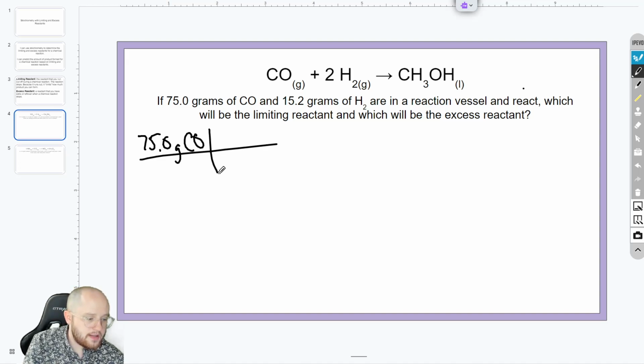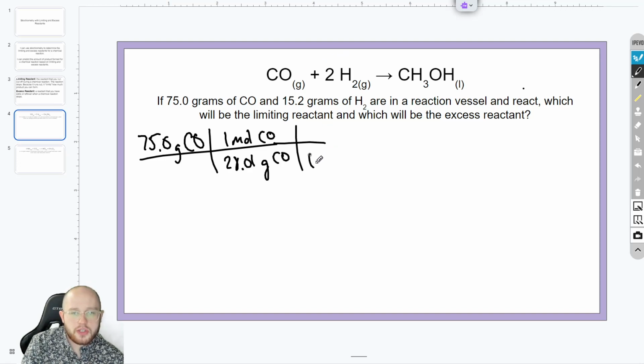Its molar mass is 28.01 grams for every 1 mole of carbon monoxide. Based on the mole ratio, 1 mole of carbon monoxide is going to yield 1 mole of methanol, CH3OH. And moles of methanol is a unit that represents the amount of it. So I can stop there.